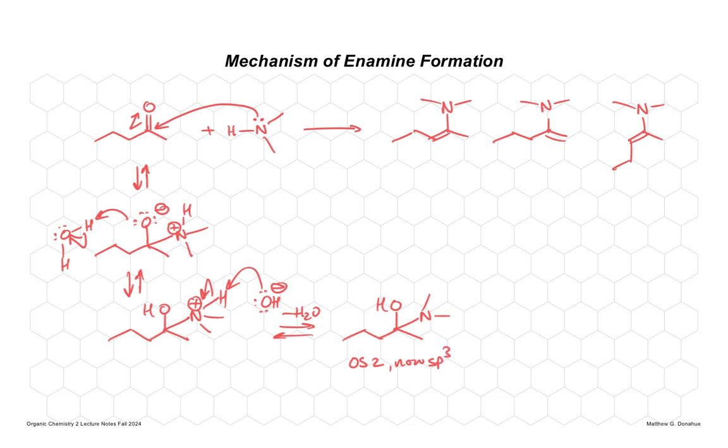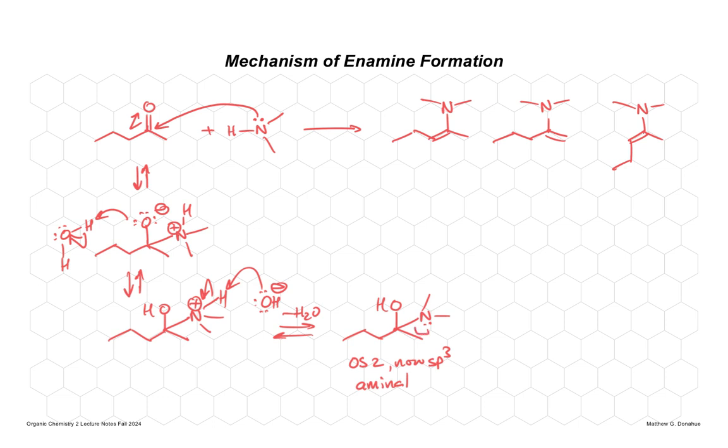When we had that carbon with 2 oxygens, it was called an acetal. When it has oxygen and nitrogen, it's called an aminal. A-M-I-N-A-L, aminal. And so this is where the issue arises, when the elimination happens.